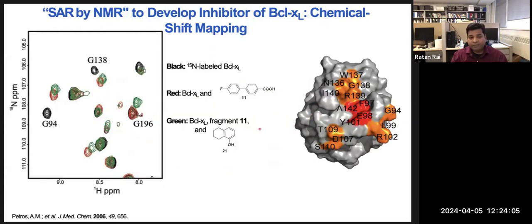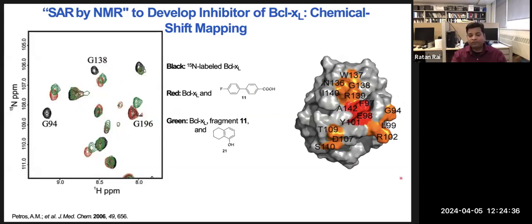And even in the presence of the second binding compound, which is fragment 11, we find that it moved glycine 94 and glycine 138, but it also moved glycine 196. So we know that the second compound is binding in the vicinity on our protein. We map this again on the protein and we know that they are nearby.